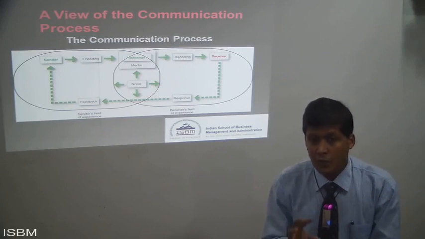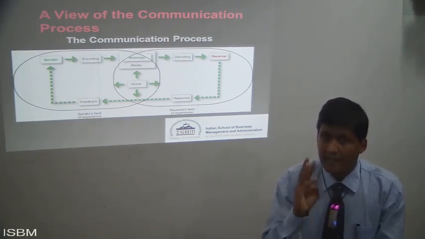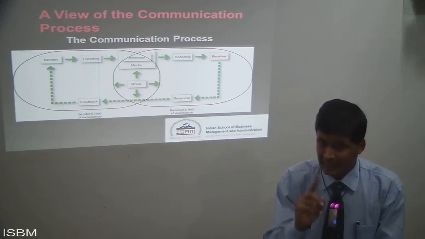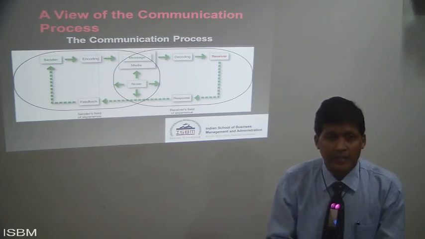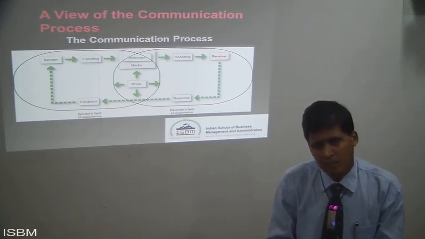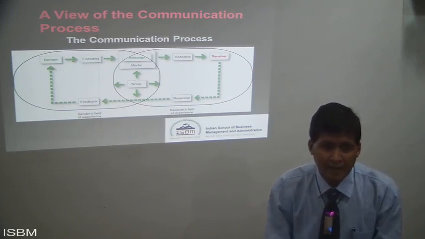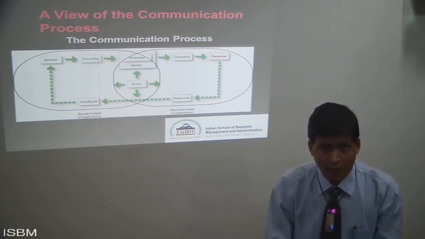Among many noises, your communication should be clear, consistent, and compelling. That's how it will stand out from the noise. The receiver should be able to decode the message clearly, and once the message is taken back, the sender needs to take the feedback as well. Feedback on what the customer understood or how the customer perceived the product or its services.